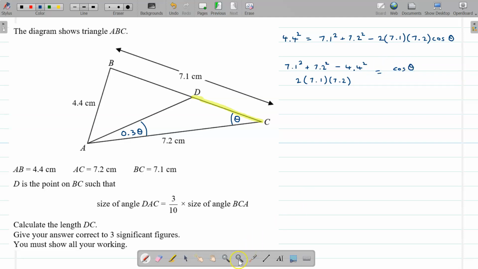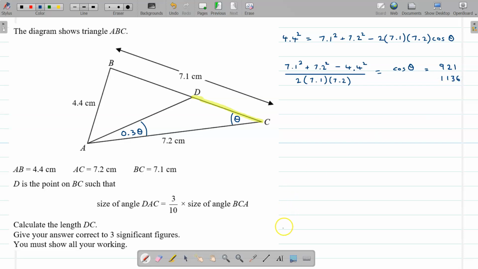And cos theta, if you put that on the calculator, comes out to be exactly 921 over 1136.